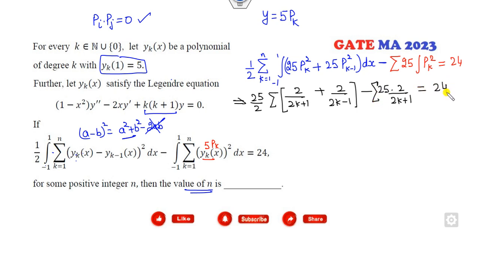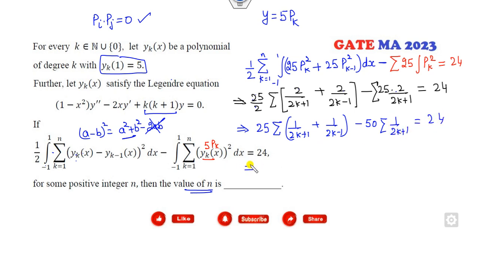It is 24. Now what is that? 2 will be common, that's a 50. No, the 2 will be cancelled, 25, and I can take 50 common, or it will be 25 summation of 1 over 2k minus 1 minus 1 over 2k plus 1, and it will be 50 of 1 over 2k minus 1 minus 1 over 2k plus 1, equal to 24.